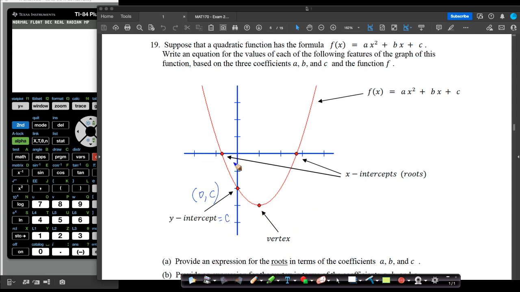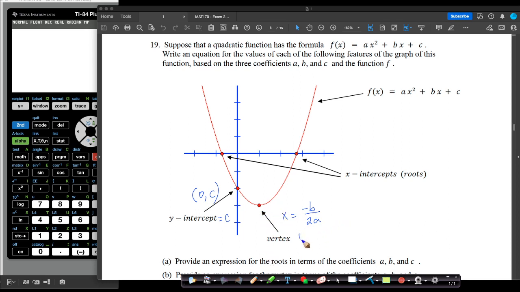We'll go to the roots last. The vertex is the next sort of easier because it's a single point. The x-coordinate of the vertex is going to be equal to minus b over 2a. And again, why is that? It is because it works. So that's the x-coordinate.